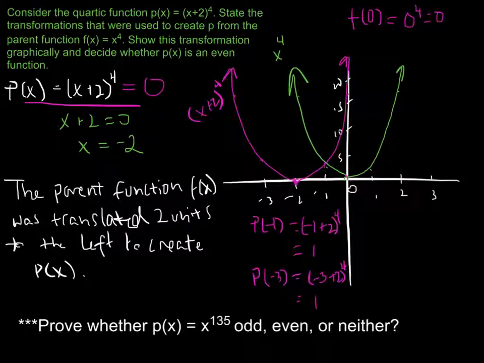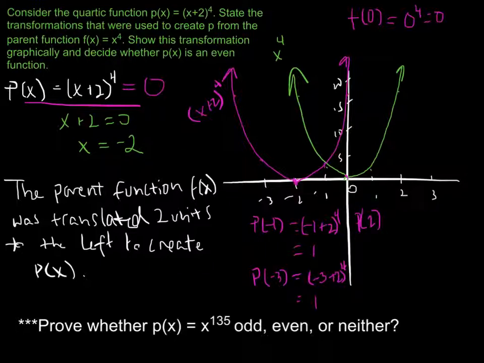Maybe we could think of some examples. Let's think about what happens when I plug in -2. If I plug in -2, I get 0. What will happen when I plug in +2? Well, we can see that we're way out in the stratosphere here, because if I plug in 2, I'm going to get 2 plus 2 to the fourth. I'll write that out right here.